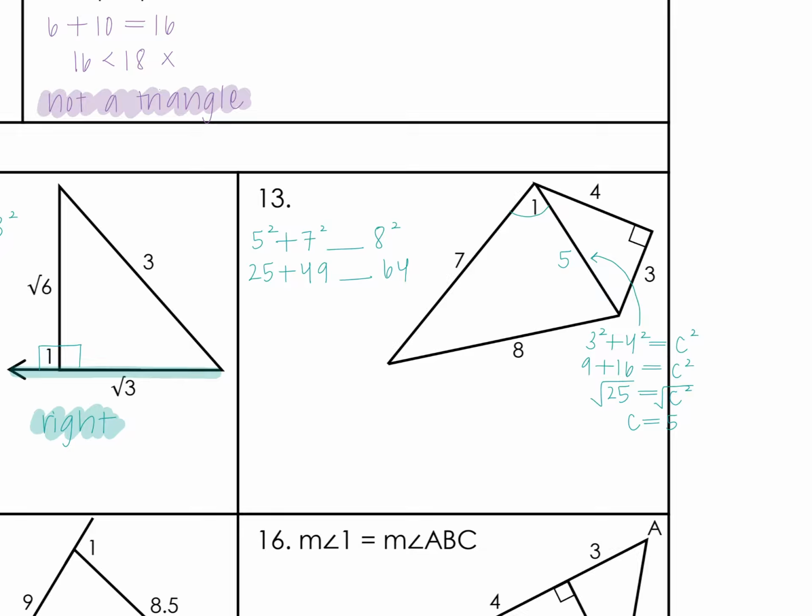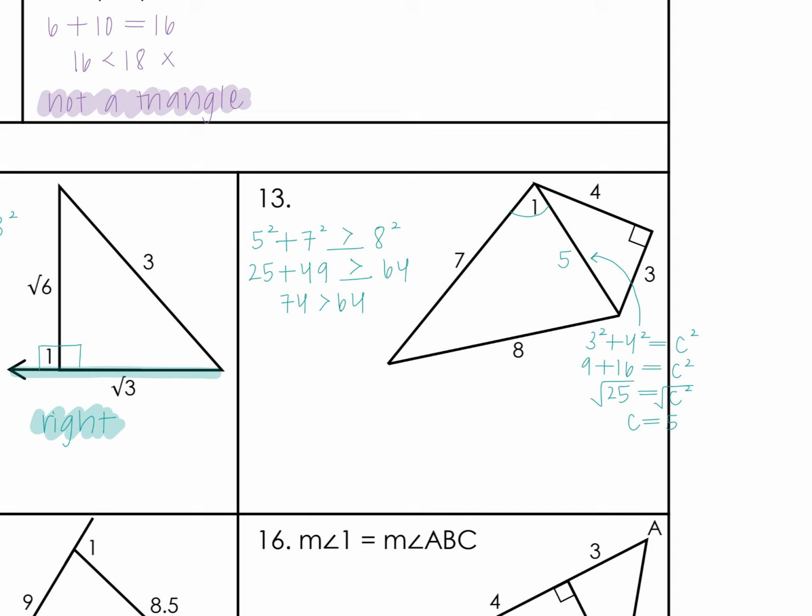So 25 plus that 49 is going to give me 74, which is going to be greater than my 64. And so that means that this is going to be an acute triangle.